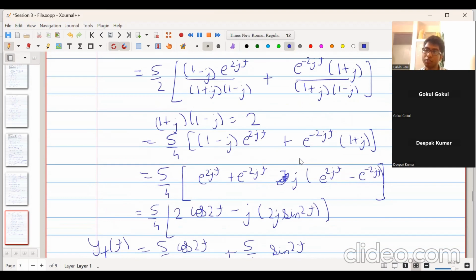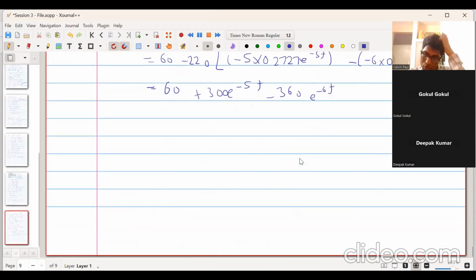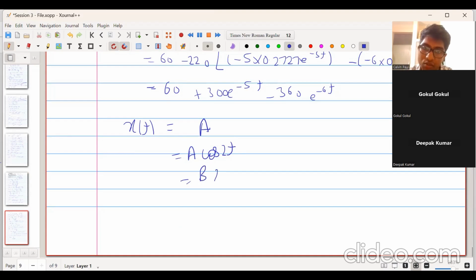What you must remember is that any forcing function x of t, which can be a constant a, or a cos 2t, or b into sine of 5t, etc., can all be written in terms of a into e to the power st. For DC, it is s equal to 0.